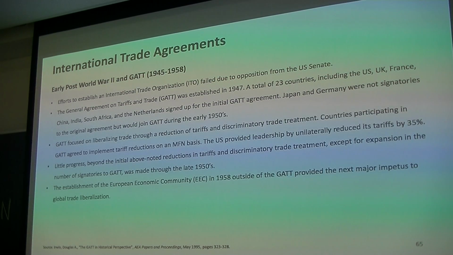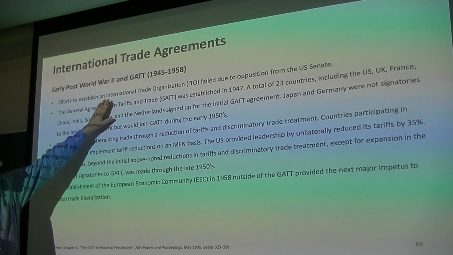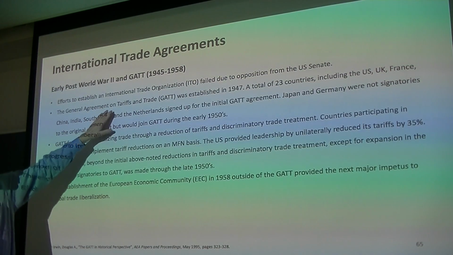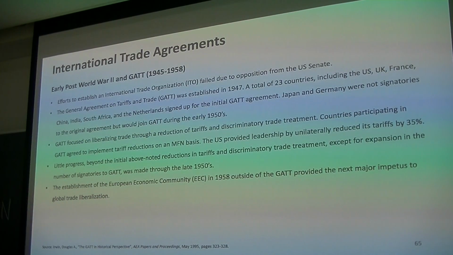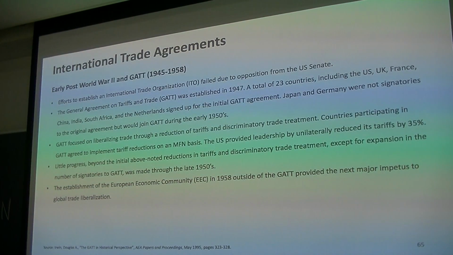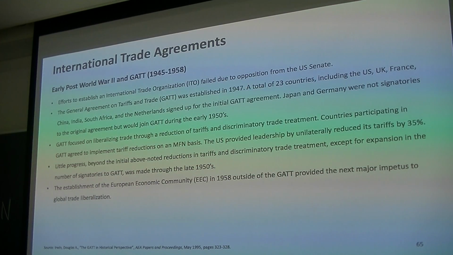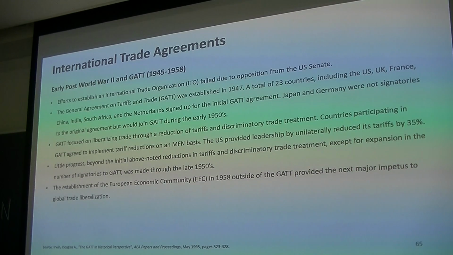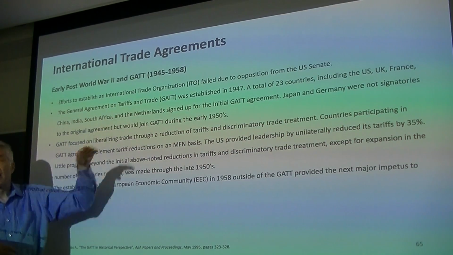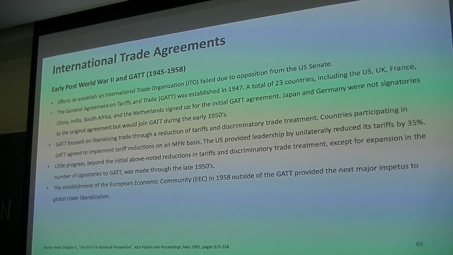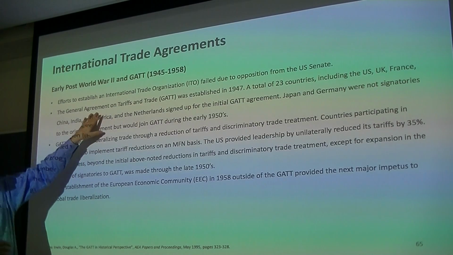In 1947, with the failure of the International Trade Organization, there was what was called the General Agreement on Tariffs and Trade. So there wasn't a trade organization, but countries got together and made a general agreement anyway. So they established something that looked a bit like a trade organization, but it wasn't necessarily a formal agreement.